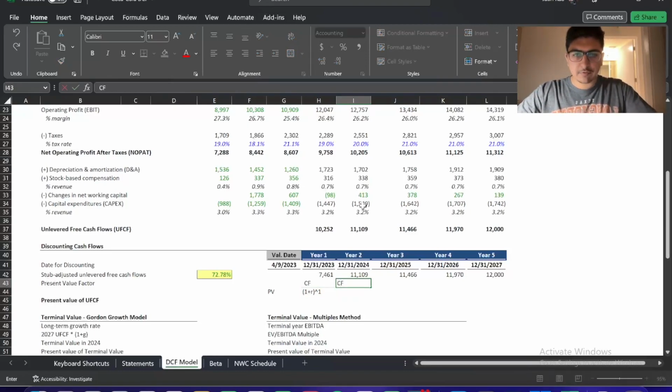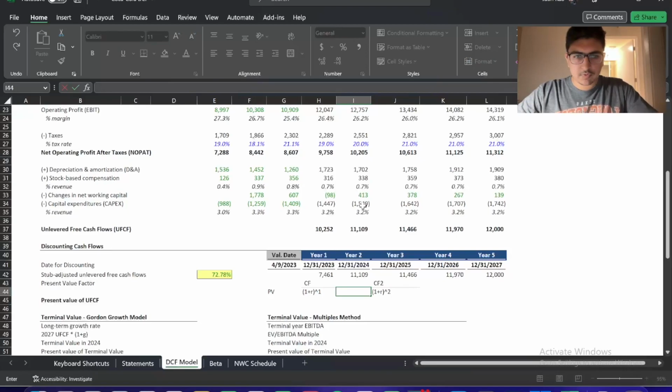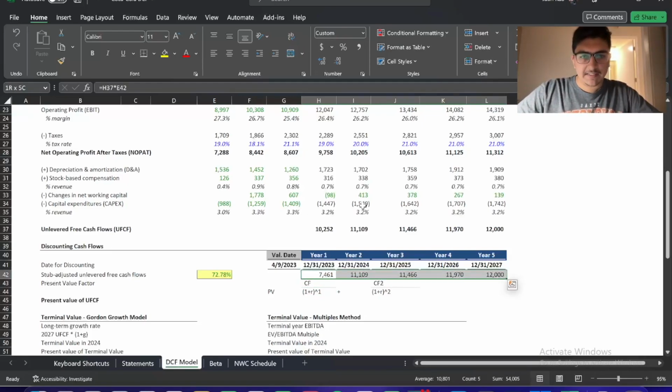And then you have cash flow 2, and then you divide this by 1 plus R, you raise that to the second power, and you would add these two, right? So if you only had 2 years of cash flows. So what we're doing is we already have the cash flow piece.